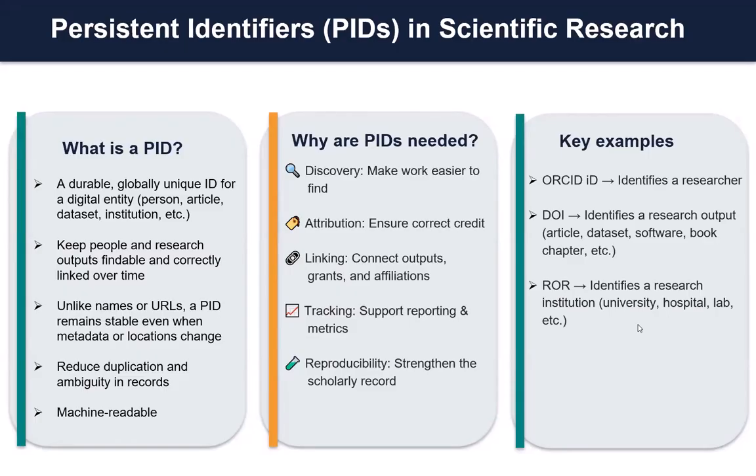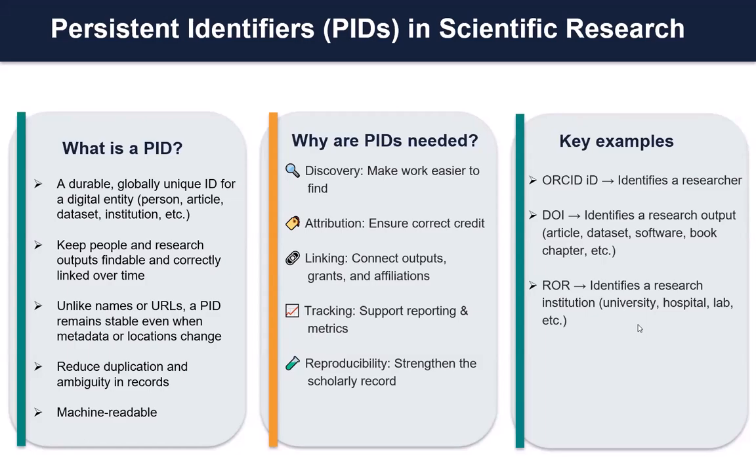This means that they remain constant even if the metadata change, such as if a URL changes to a web page or to an article, it will remain constant and allow people access to it.